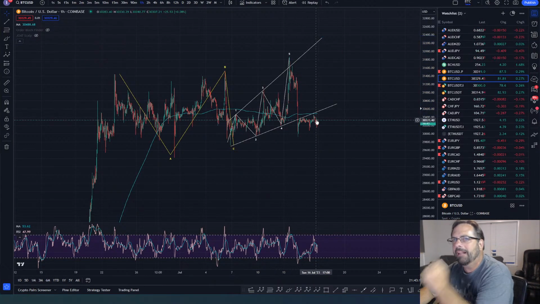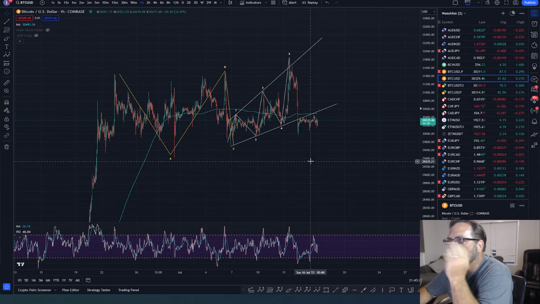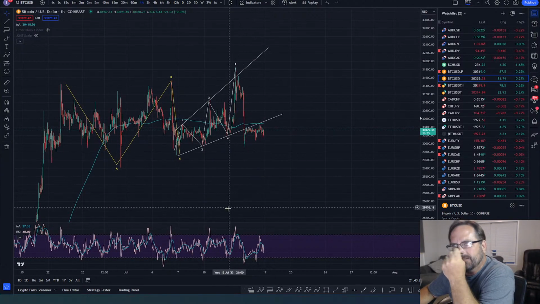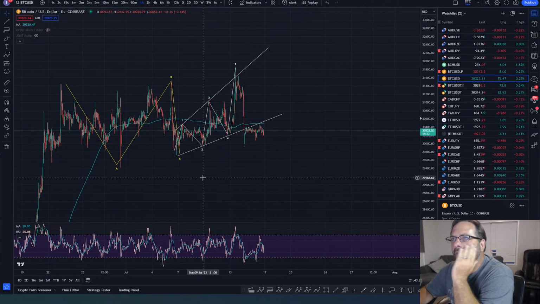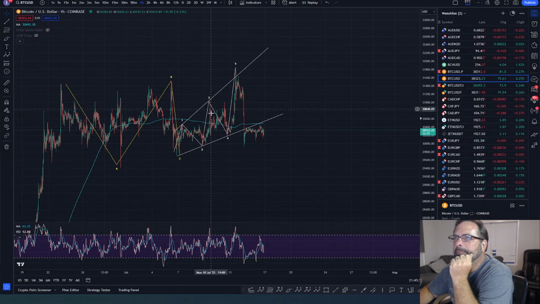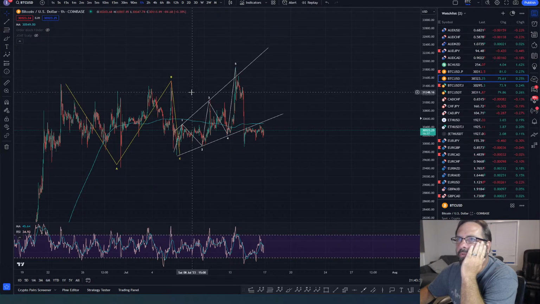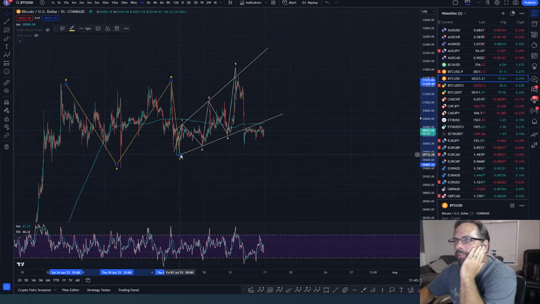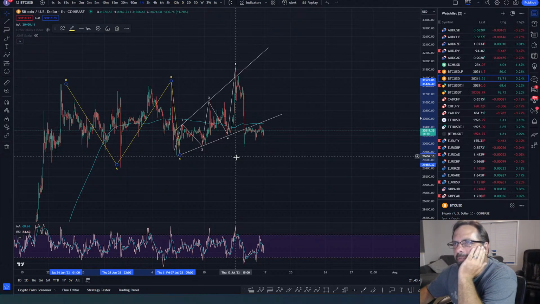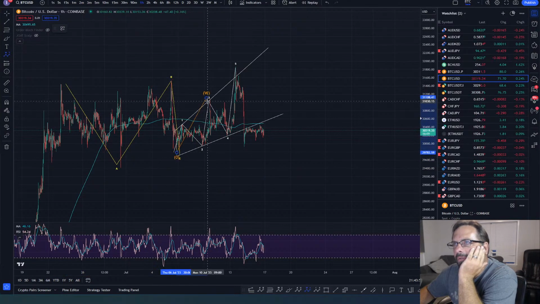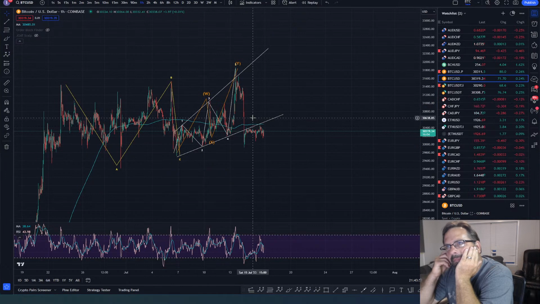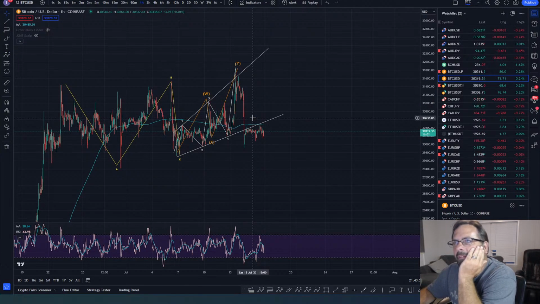So my small time frame analysis for the next little while is either, instead of this being a diag, that's some kind of a three-wave move. If that's some kind of a three-wave move, which I'm not a big fan of, but I suppose it's possible, you can have some kind of a W, X, Y. Not a fan.